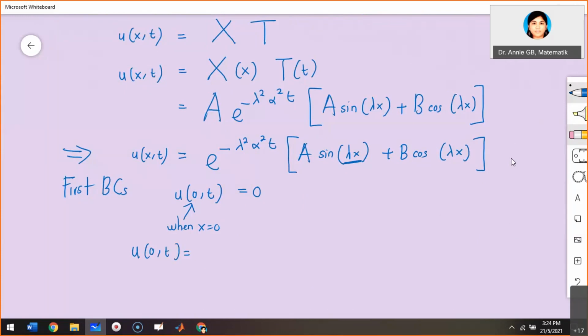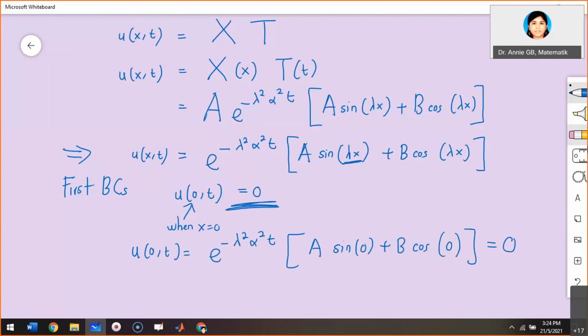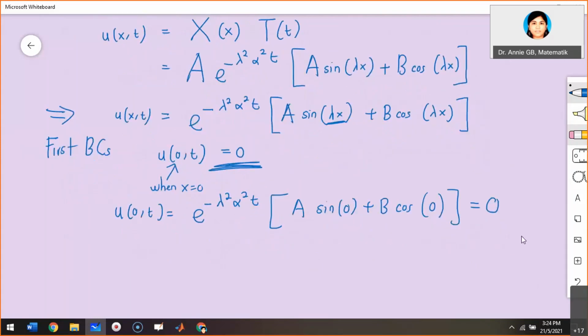So, saya akan dapat exponent negative lambda squared alpha squared t, A sin 0 plus B cos 0, which is equals to 0 based on the condition given. Okay, so simplifying this, I have exponent negative lambda squared alpha squared t. Sin 0 is 0. Cos 0 is 1.